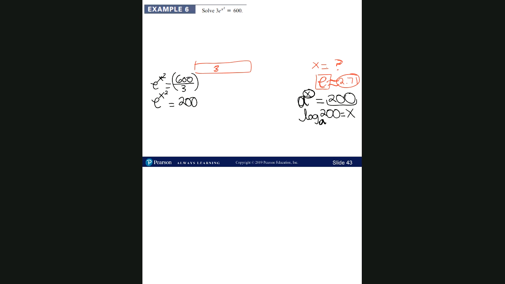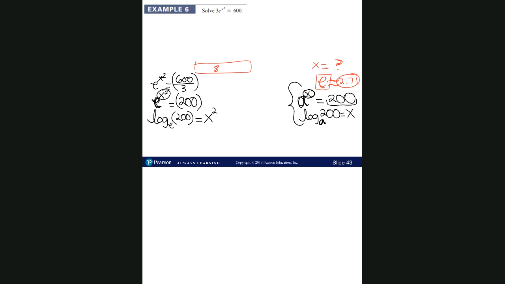And so we're going to use that same idea to change from exponential to logarithmic. So if I do that, it will be log base e of 200 is equal to this exponent x squared.